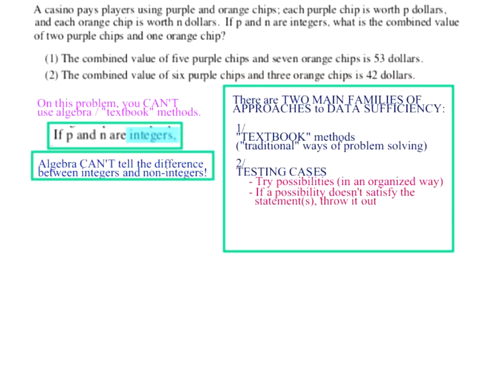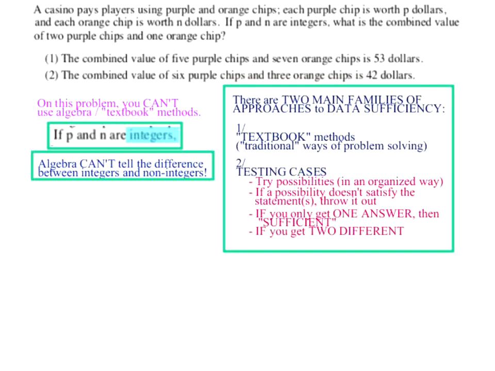Then tabulate the results that you have. If you only get one answer, then that's sufficient. And if you ever see a second answer, if you get two different answers, then you can stop.